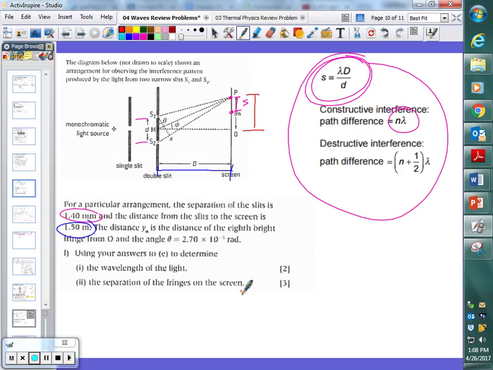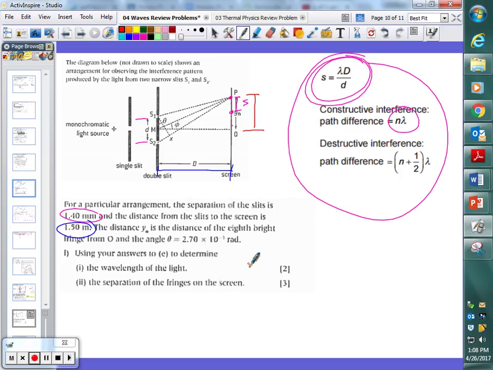So there are 8 bright spots in that space. It says, using your answers to E, determine the wavelength of this light.